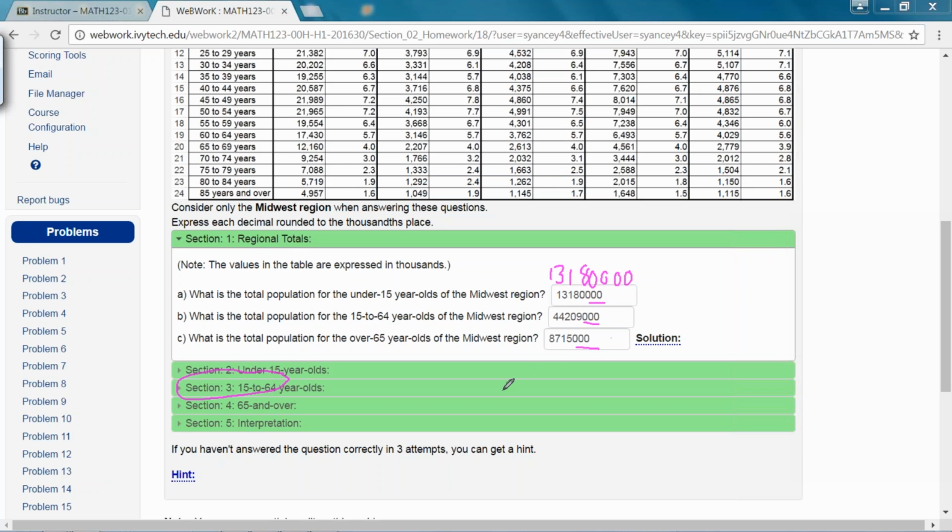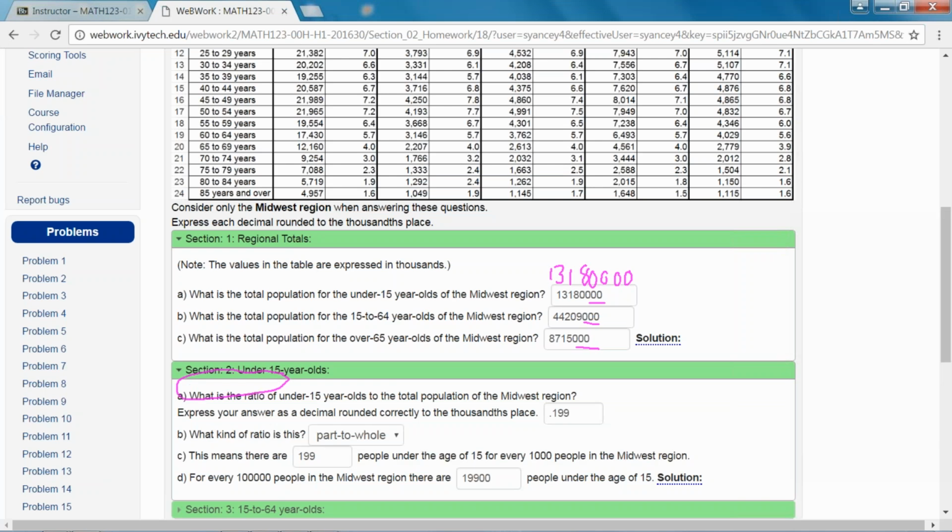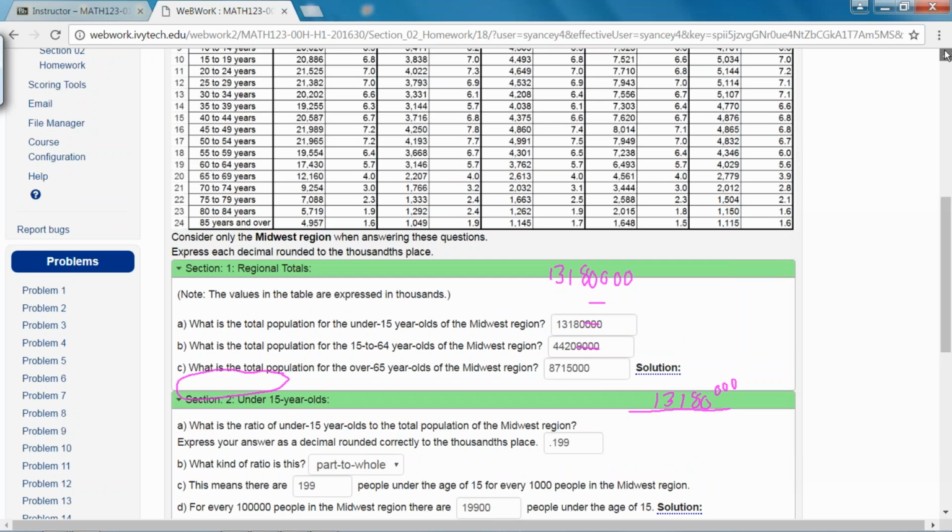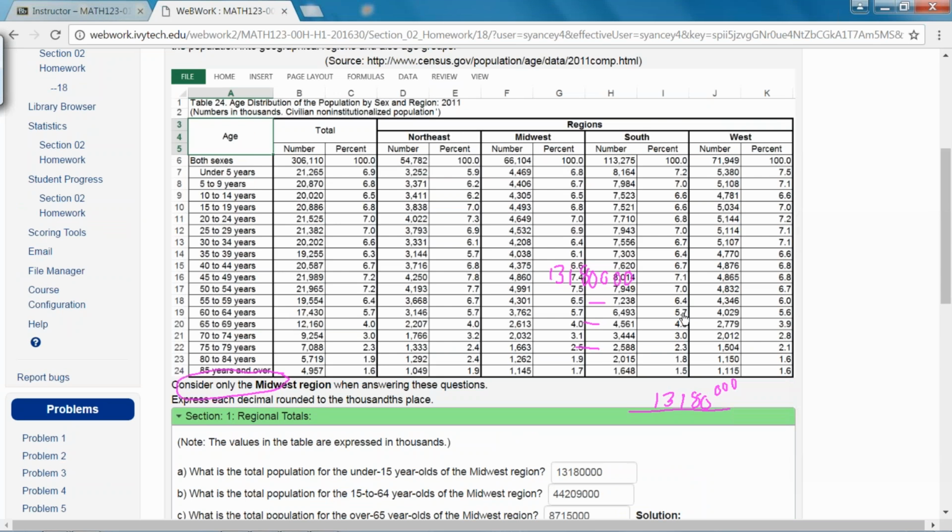Okay, then you just need to follow the questions because it's not the age dependency ratios. They may be asking you to do it to the total of the Midwest. So this is saying those under 15, 13,180. Now those thousands are going to cancel, and then they did do the total for you, 66,104.